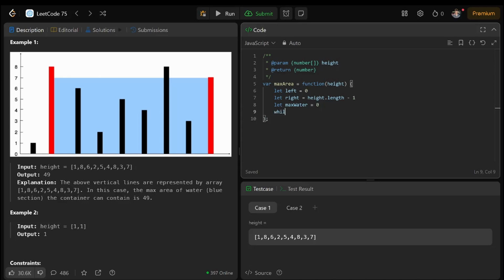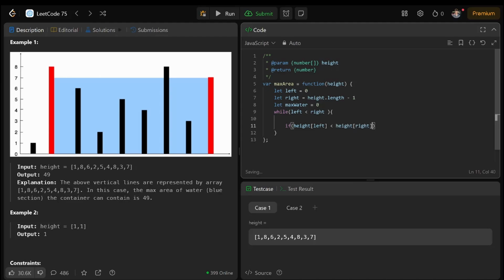So let's go ahead and keep on with this 2-pointer solution. So the condition for moving pointers on the left and right side towards each other is while left is less than right. And so we're only going to move the smaller of the two. So height of left is less than height of right.